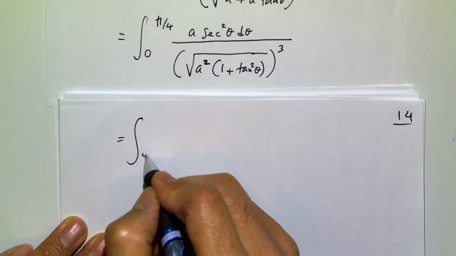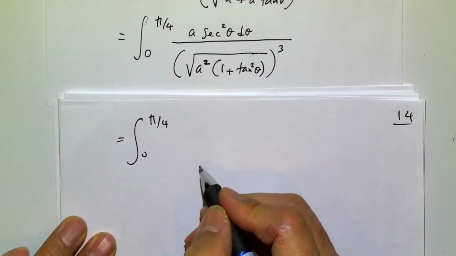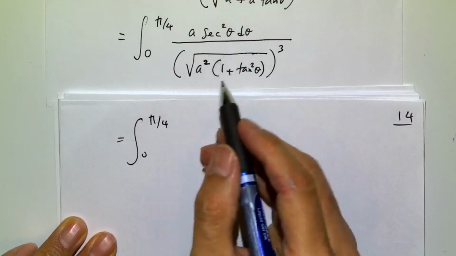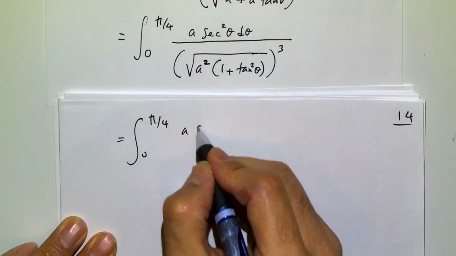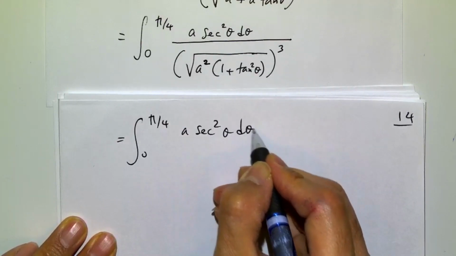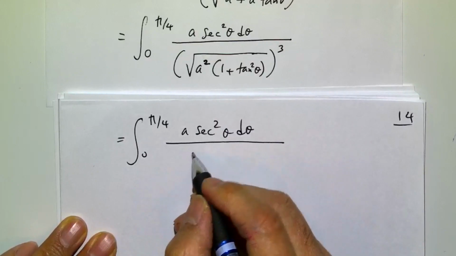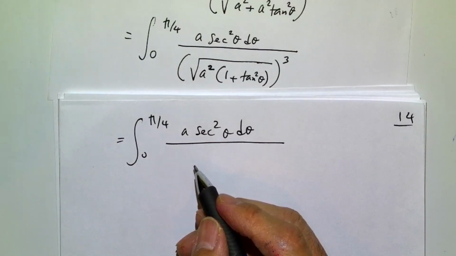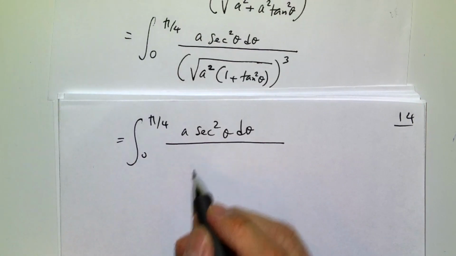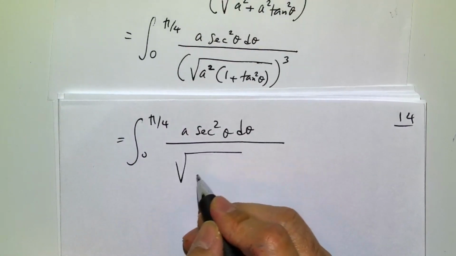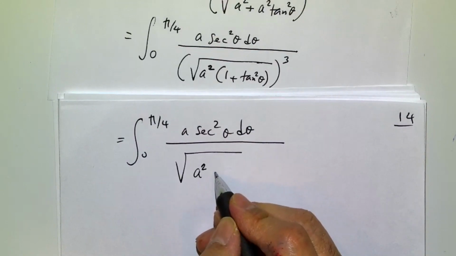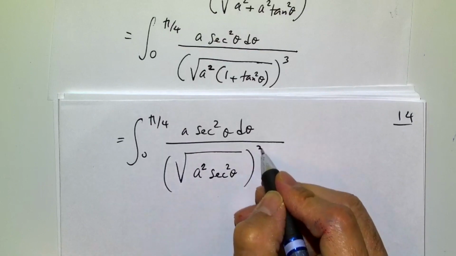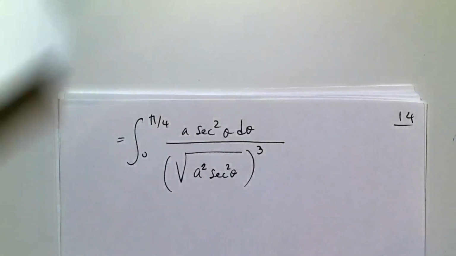And so we have 0 to pi over 4, a secant squared theta d theta divided by the square root of a squared secant squared theta, cubed.